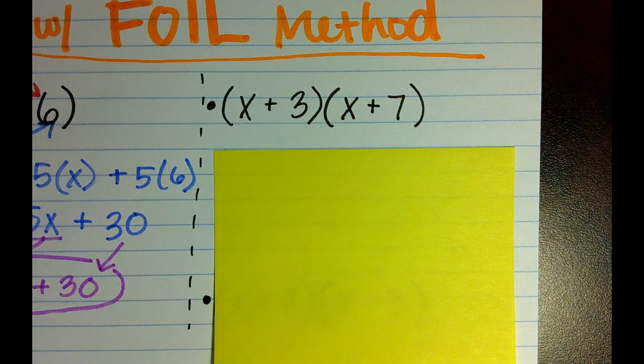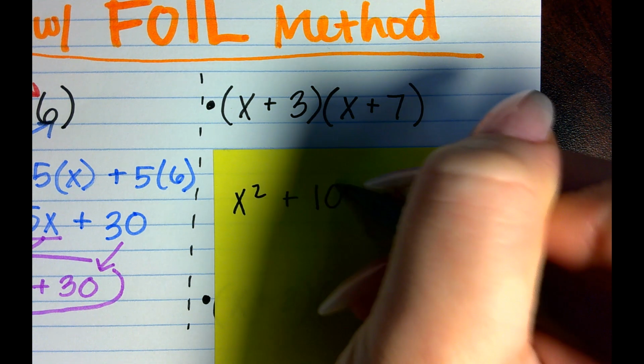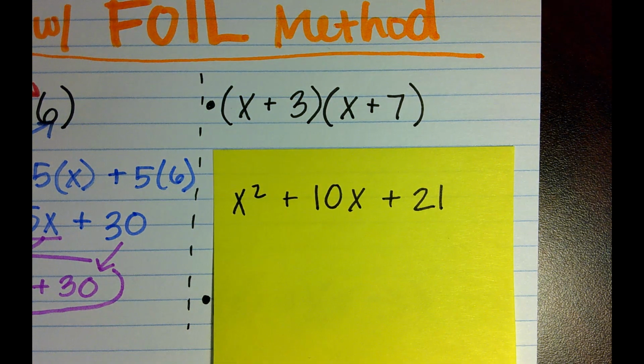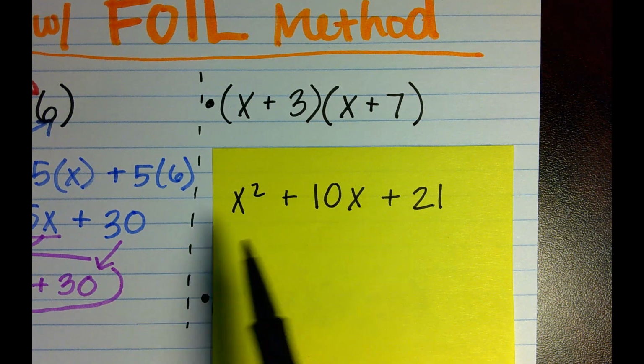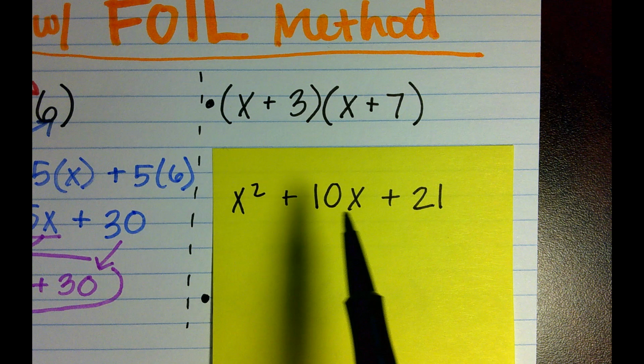X squared plus 10x plus 21. Did anybody get something different that wants to share? Or did every single person in this room get this answer? X squared plus 10x plus 21.